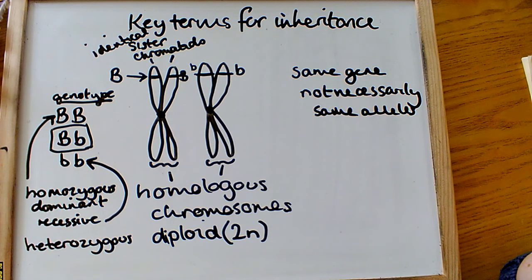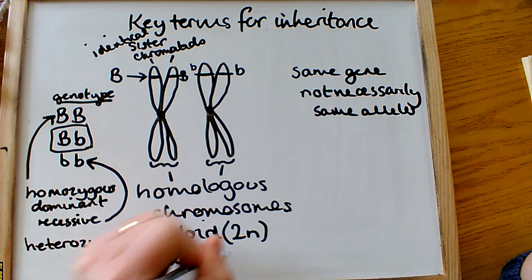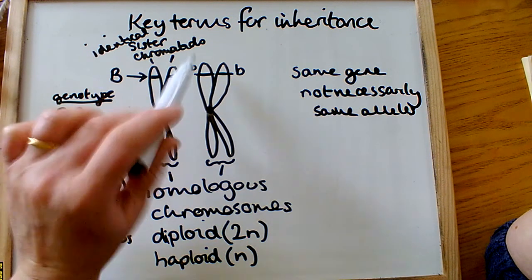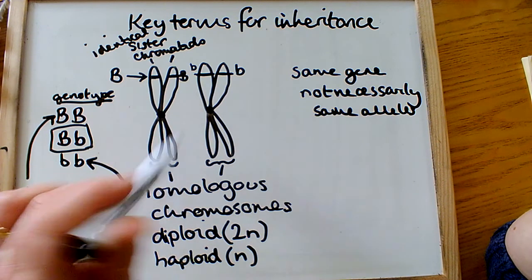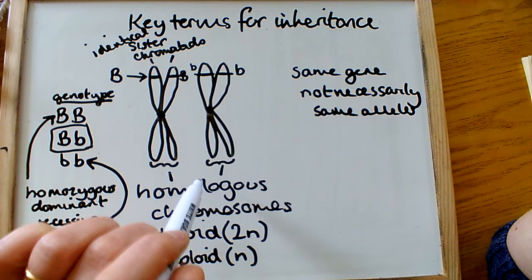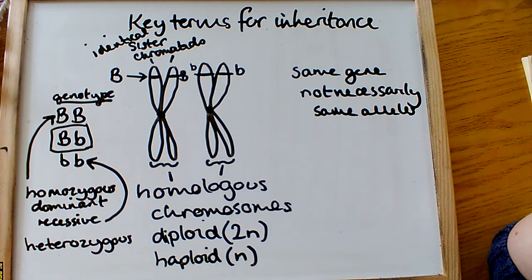And in our gametes, we only have the haploid number, which is just n, and for us that would be 23 chromosomes that we pass on, so that the next generation goes back to being diploid again. Remember, it's maintenance of the chromosome number across generations. We've reminded ourselves of what sister chromatids are and that the DNA found there is identical. So unlike in a homologous pair where they've got the same genes but not necessarily the same alleles, in identical sister chromatids we've actually got the same alleles as well.